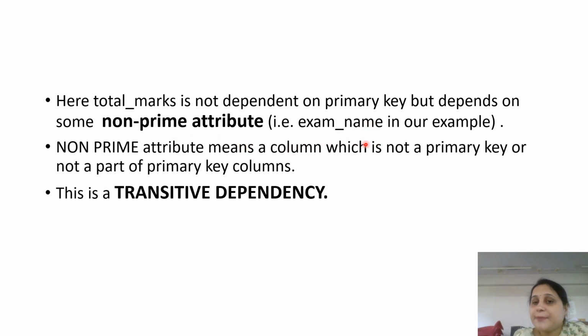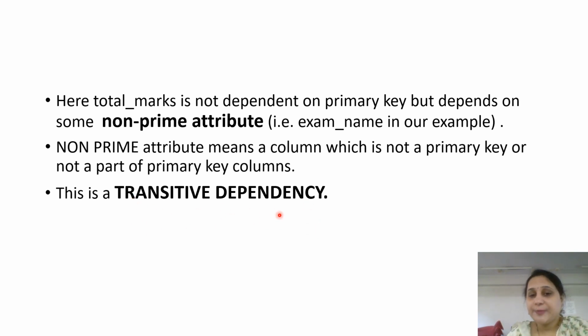Exam name is not a primary key, and it is not even a part of the primary key. That is called a non-prime attribute, and your total marks column is dependent on this non-prime attribute. Non-prime attribute means the column which is not a primary key or not a part of the primary key. This is called transitive dependency.